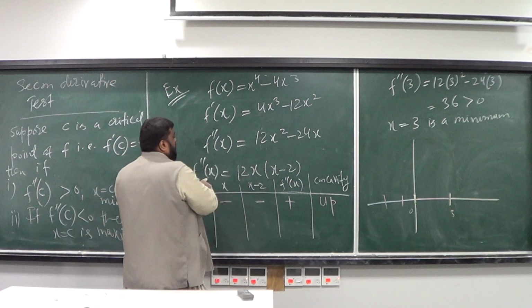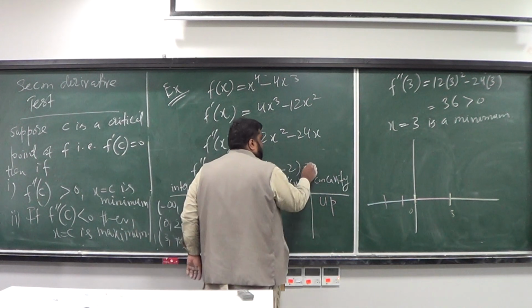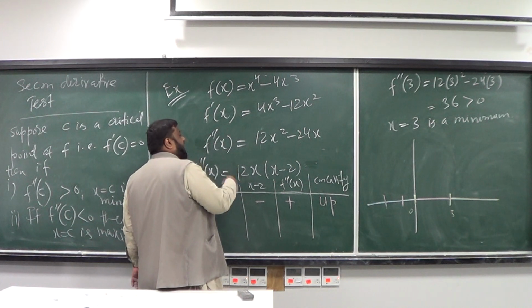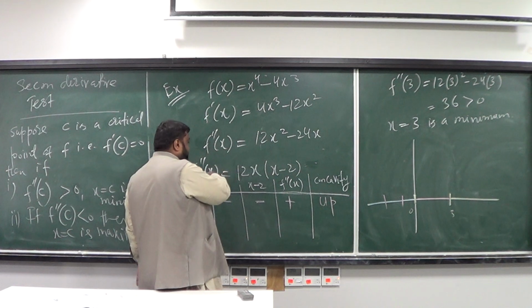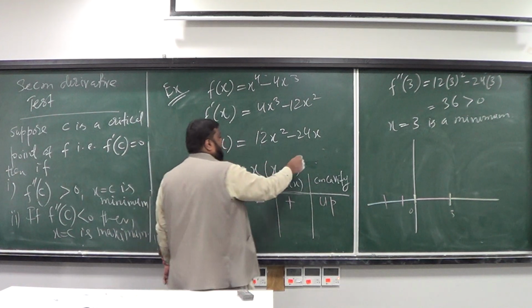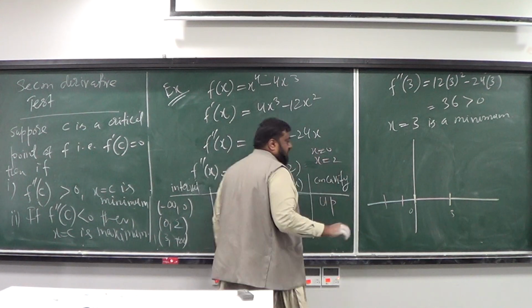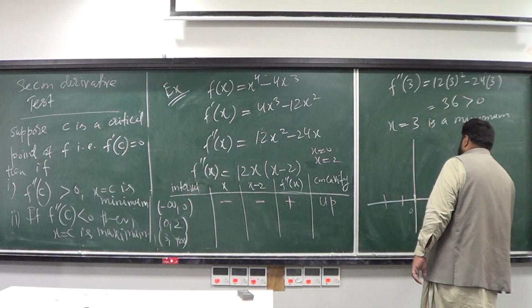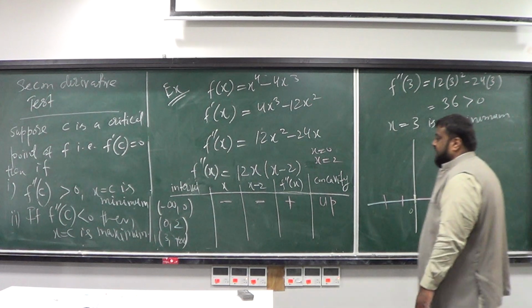In order to determine how the signs of f double prime of x are changing, I need to equate this to 0 and see where f double prime of x is 0. So f double prime of x is 0 at x equal to 0 and at x equal to 2. So we shouldn't take x equal to 3, but x equal to 2. So this interval should be 0 to 2.